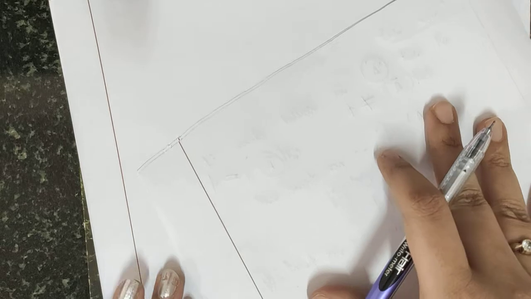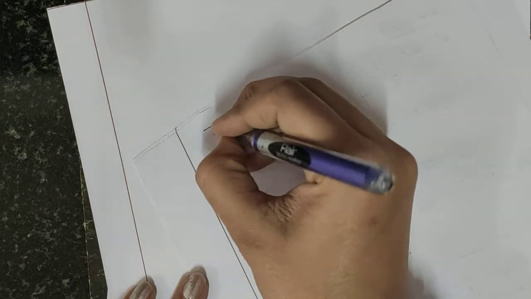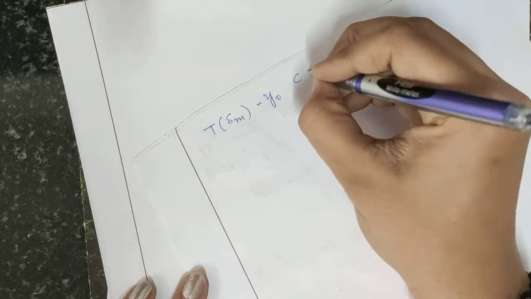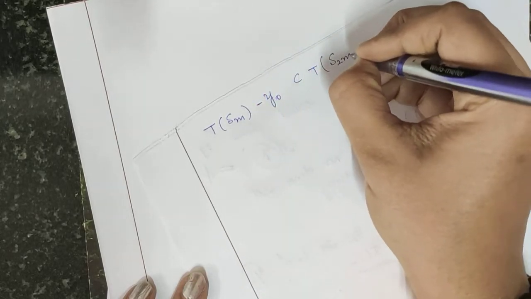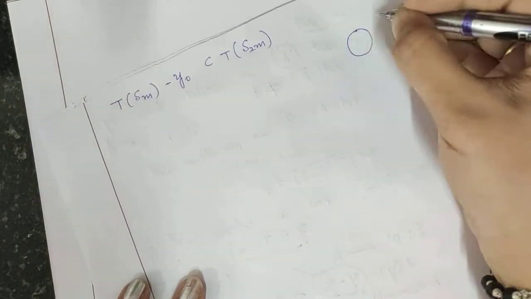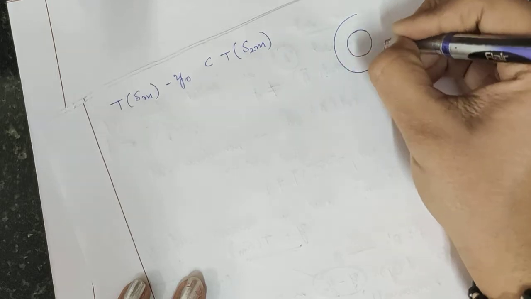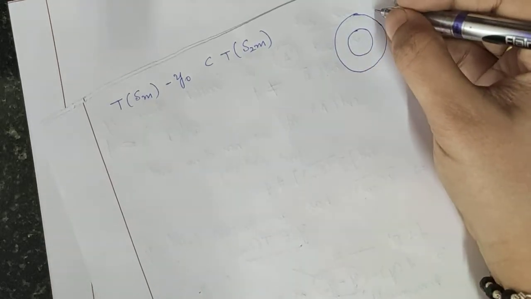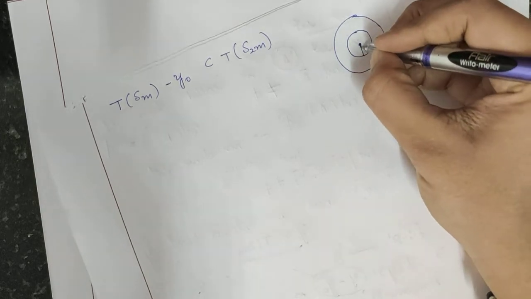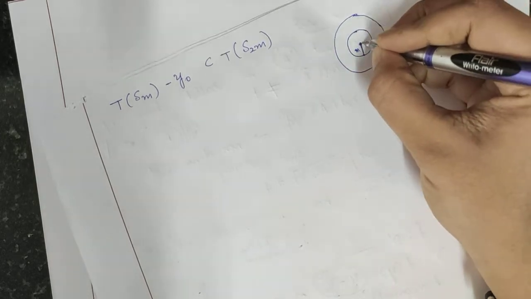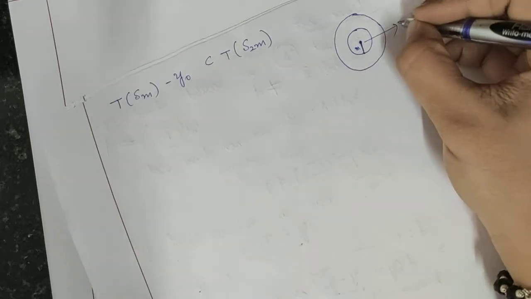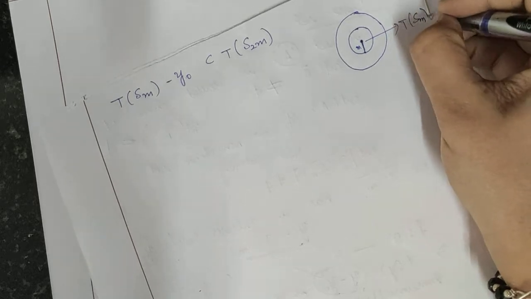Now we have to prove that T of Sm minus y0 is a subset of T of S to M. That means we have two open spheres. In this, the radius is m, so this inner sphere is denoted as T of Sm.